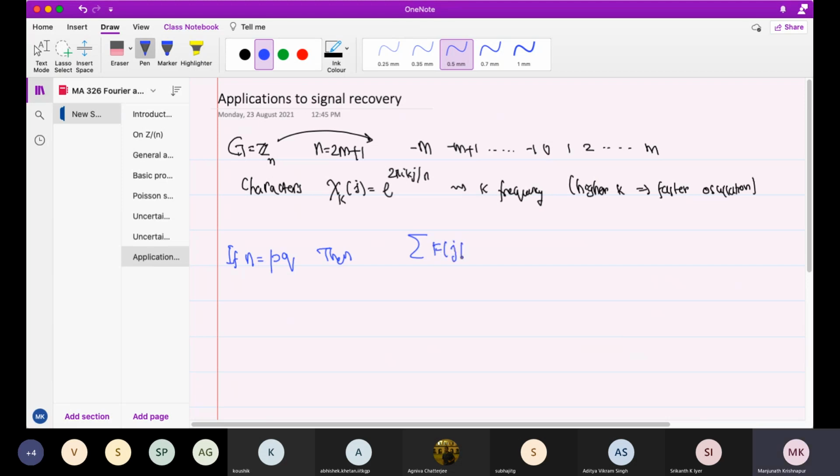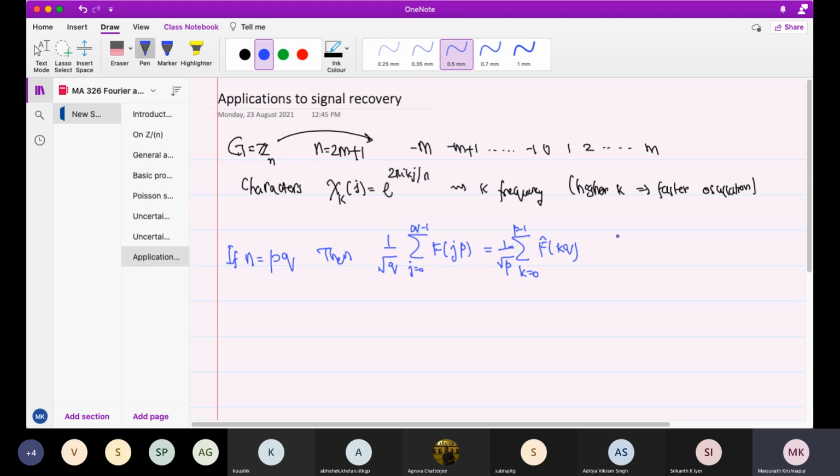Multiples of P, right? JP. Okay, I'll move between 0 to n minus 1 and minus m to m. It doesn't matter. This we know.